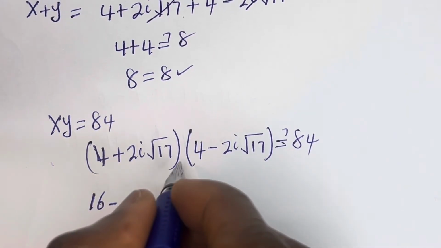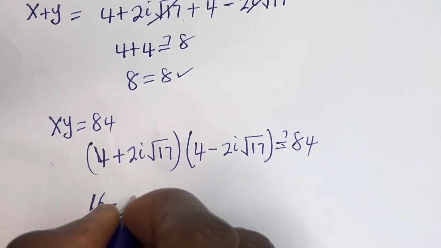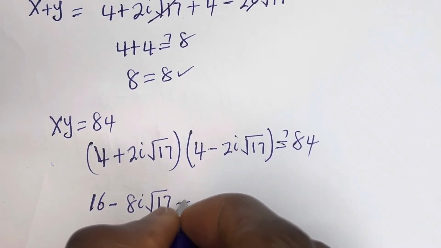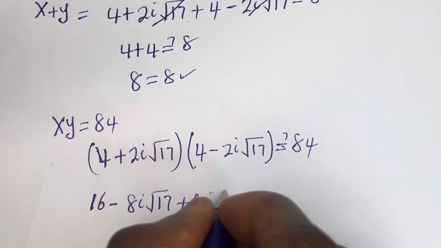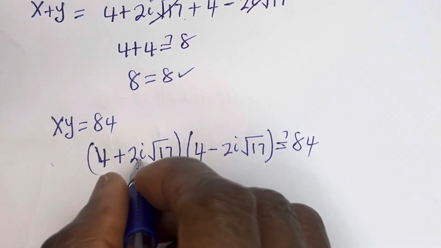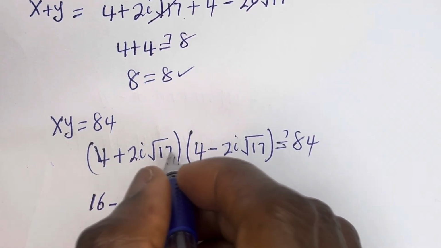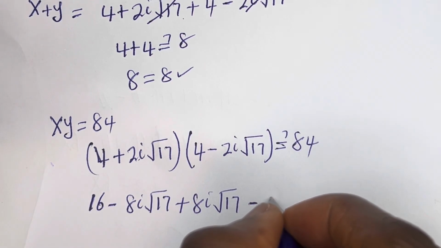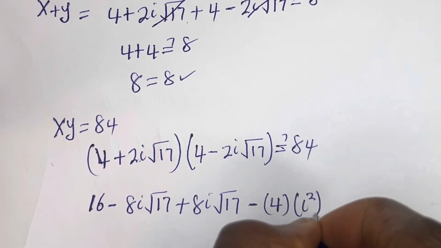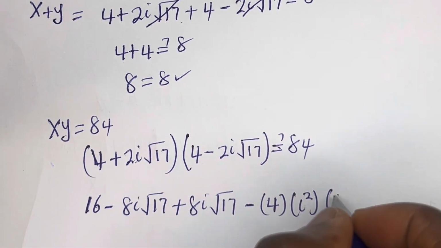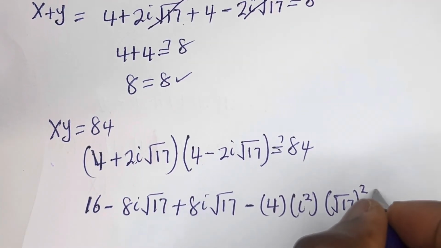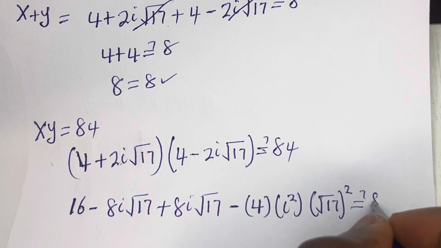We have minus 4 times 2i root 17, that is 8i square root of 17, plus 8i square root of 17, then minus 2i root 17 multiplied by 2i root 17. This is 4 multiplied by i squared multiplied by square root of 17 squared, must be equal to 84.